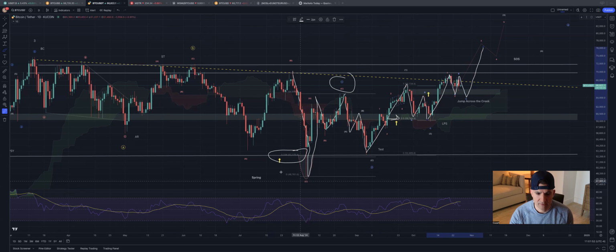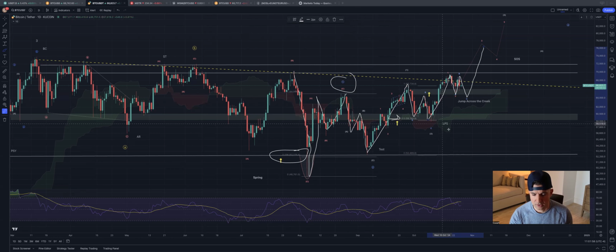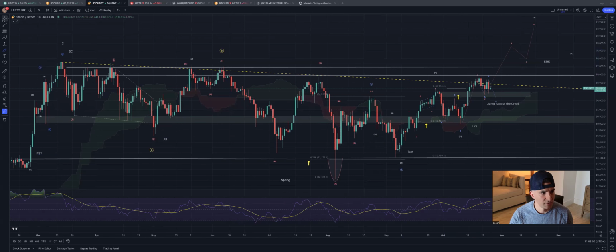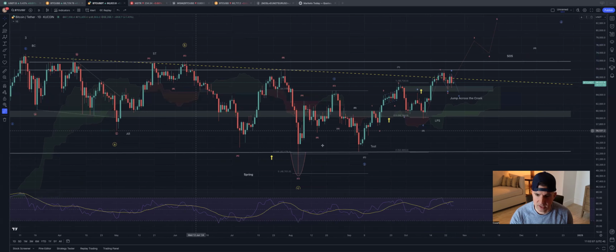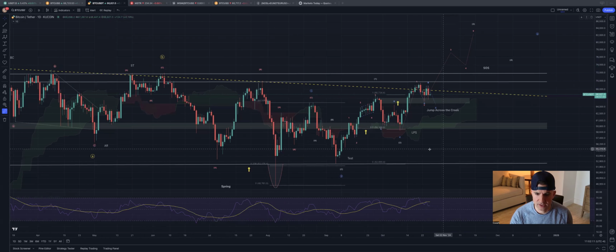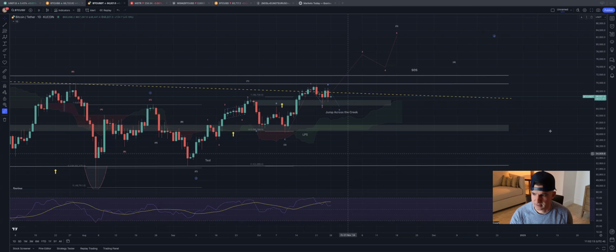Either way, the dips are getting shallower and shallower the further along what I'm calling reaccumulation and the end of a reaccumulation event. And that, again, is just bullish price action.